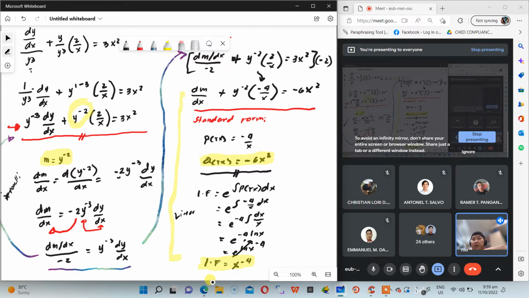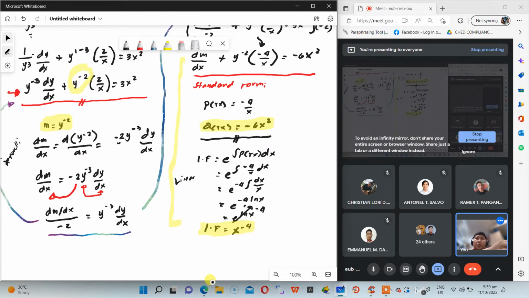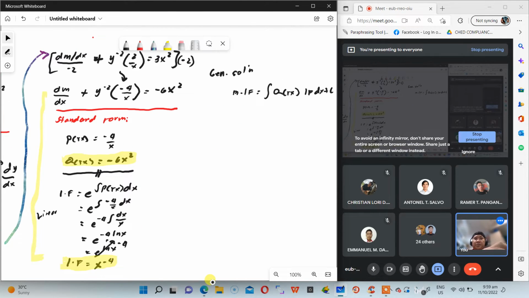So remember, our m is y raised to the power of negative 2. Integrating factor is x raised to the power of negative 4. Then q of x is negative 6x squared, x raised to the power of negative 4 dx plus c.